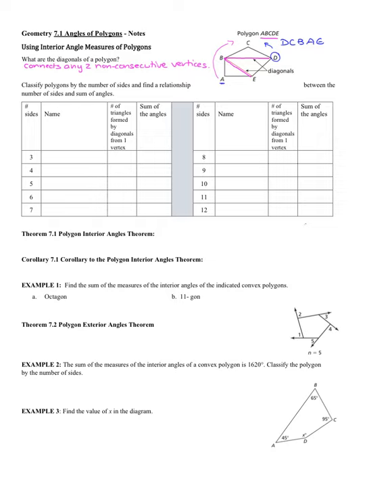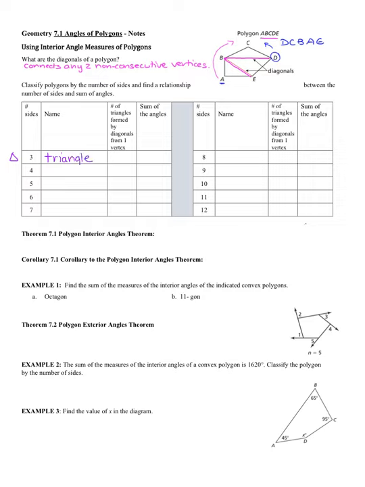Now, what we want to do is show how you can come up with the total sum of the angles in any polygon. So we're going to do it like a derivation. If you have three sides, I'm going to do a little picture here, that you have a triangle.